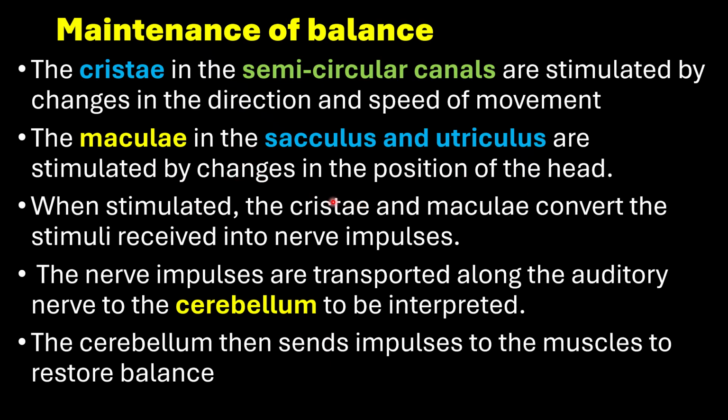Their functions are unified here, as their impulses are transmitted along the same auditory nerve and go straight to the cerebellum, and the cerebellum will interpret it and send information to the muscles, because movements in the human body are coordinated by muscles under the influence of the cerebellum.